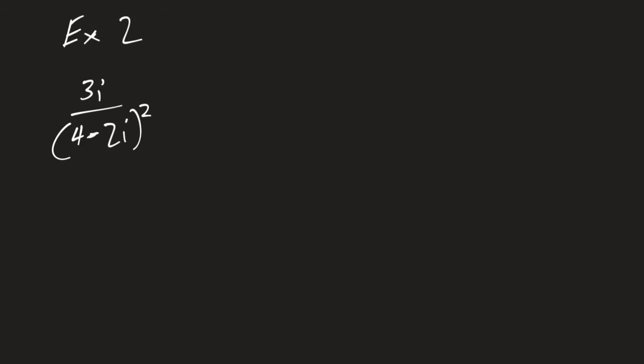Okay, so if you're feeling good about foiling these out and distributing, go ahead and start with this next problem. Remember, we're going to need to multiply this out. So let's start by simplifying this bottom piece before we rationalize. 4 minus 2i times 4 minus 2i. That's just the square.